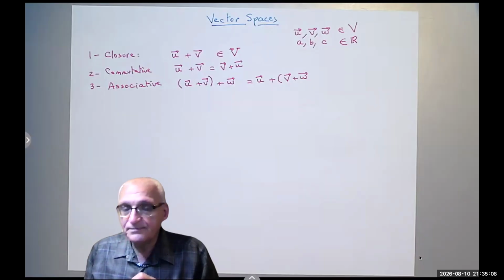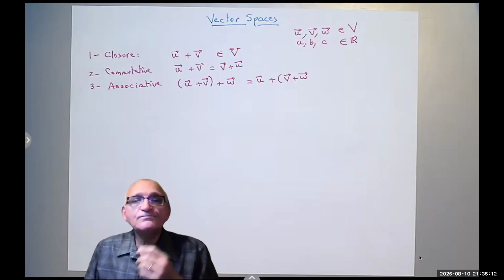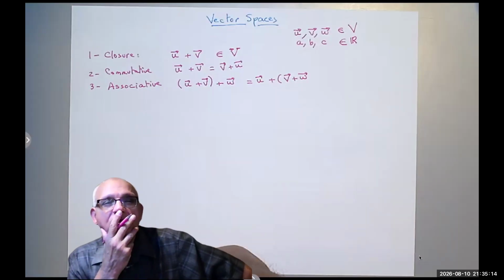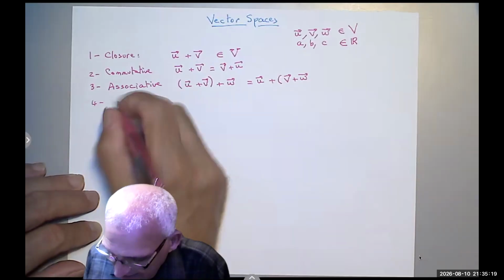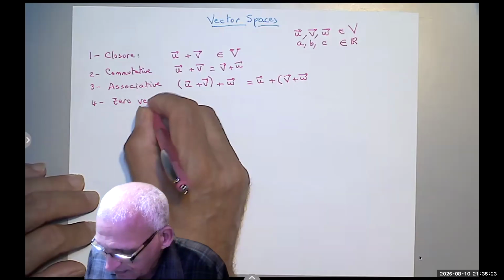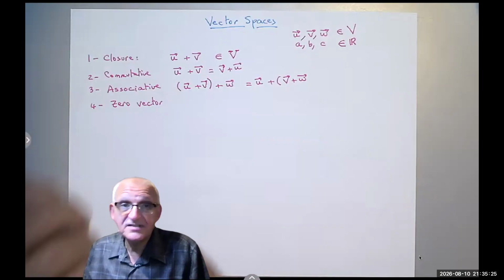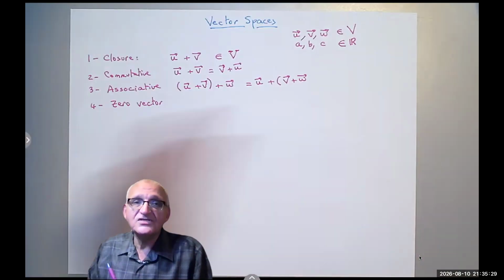Okay, then what do we have? So we did 3 of those, right? We also have, that's very important, the 0 vector. There is a vector called the 0 vector, just zeros. So if it's a matrix, it's a matrix of zeros.